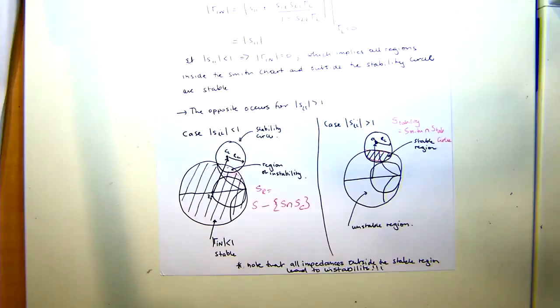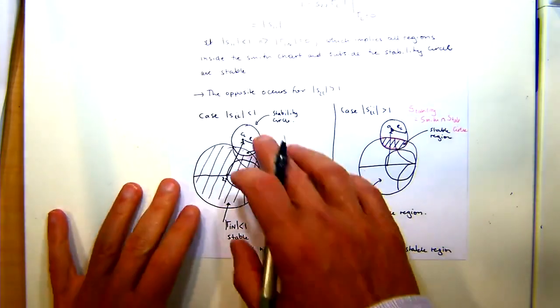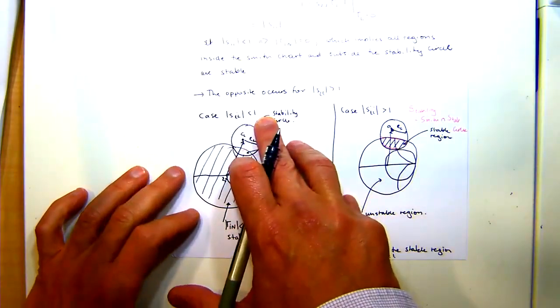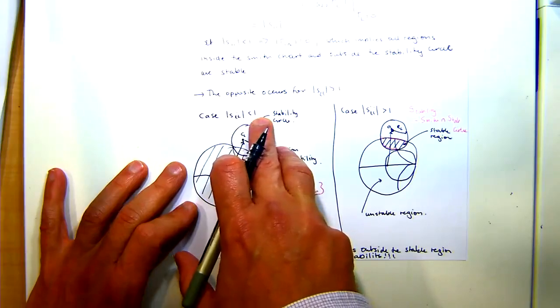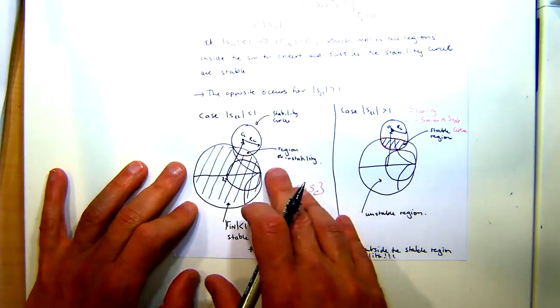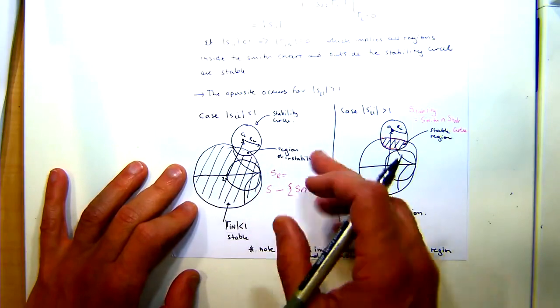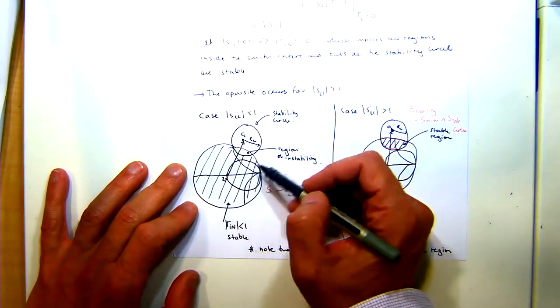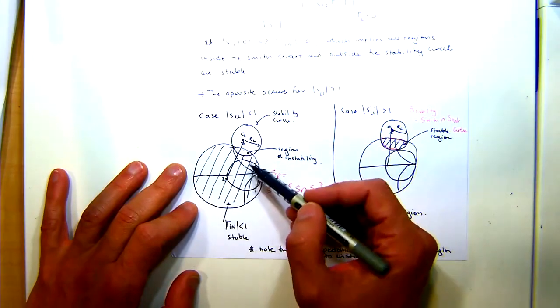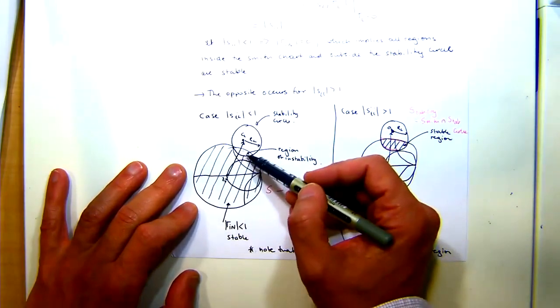Which are specifically the regions of stability depending on if S11 or S22 are less than or greater than 1. In the first case, we said, let's look at the situation where the magnitude of S11 is less than 1, and essentially the region of instability was the region where the stability circle intersected with the Smith chart.